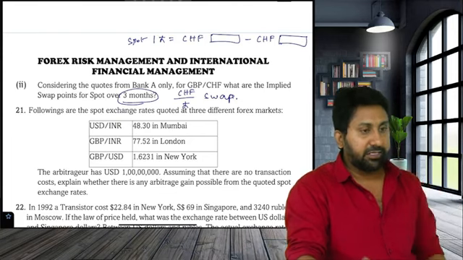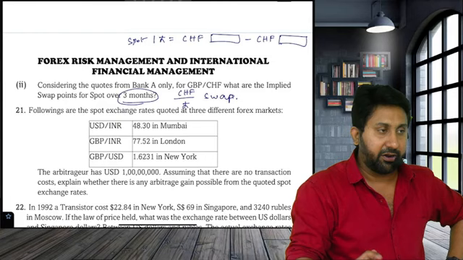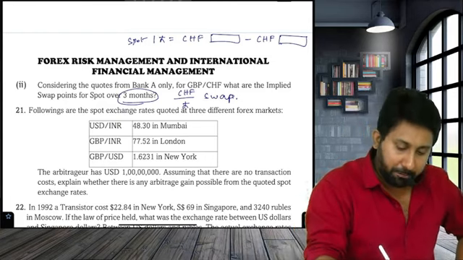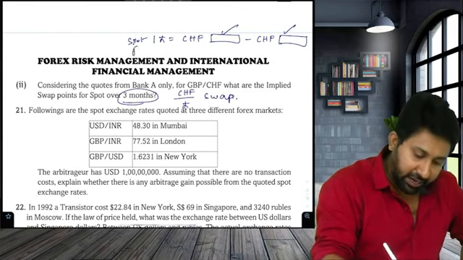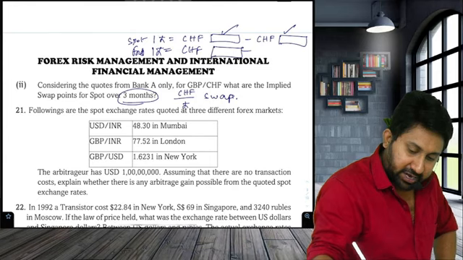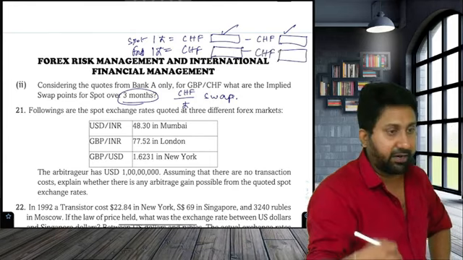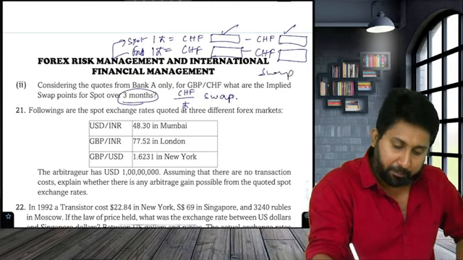First we need to calculate the spot, 1 pound equal to CHF, this and this. This is a forward. This minus this will give you the swap points.